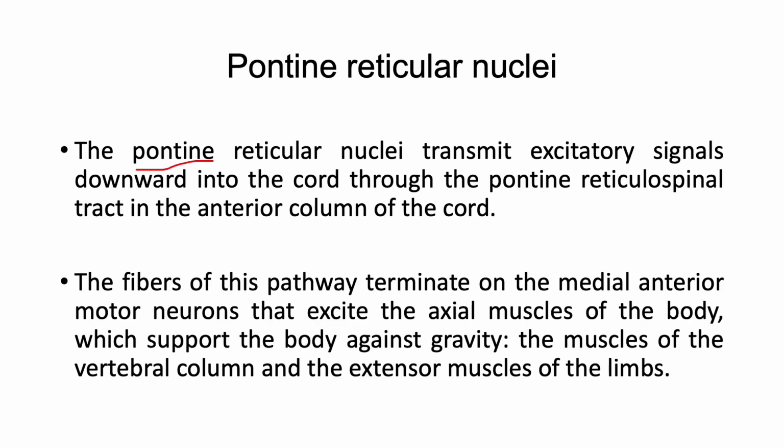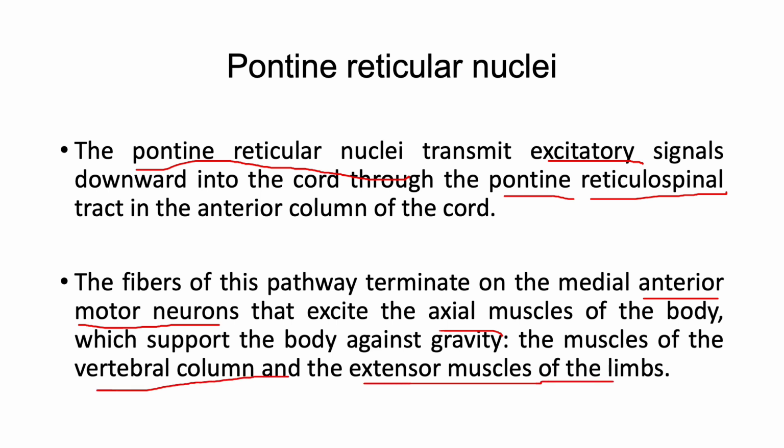So the pontine reticular nuclei transmit excitatory signals through the pontine reticulospinal tract, which will go down the spinal cord and terminate in the medial anterior motor neurons. And there it will excite the axial muscles, specifically muscles of the vertebral column and the extensor muscles of the limbs, to cause excitation in these muscles.